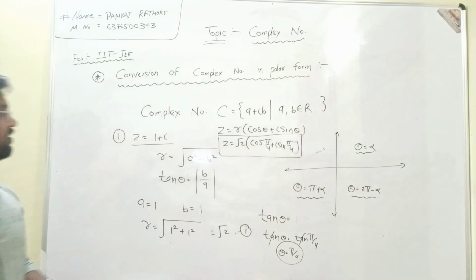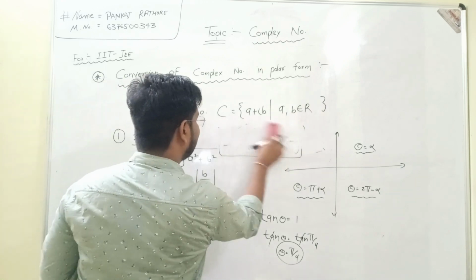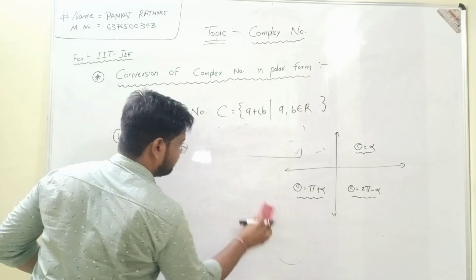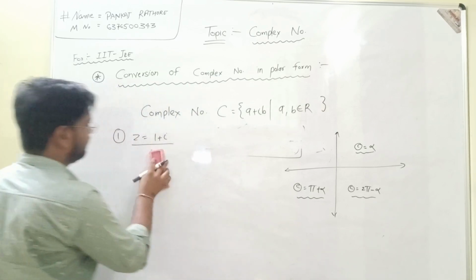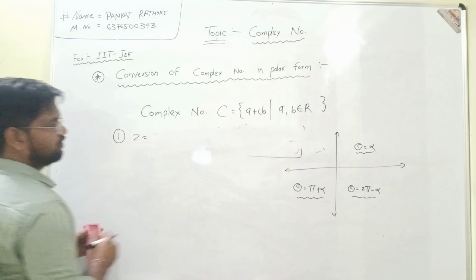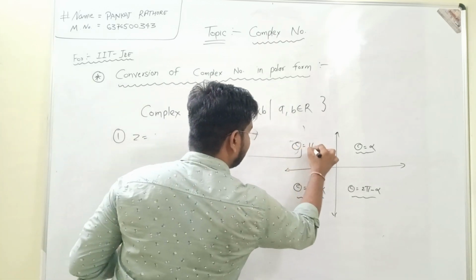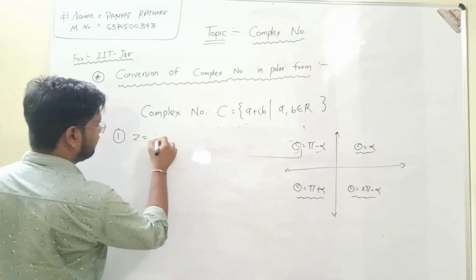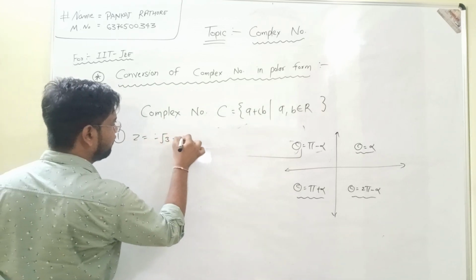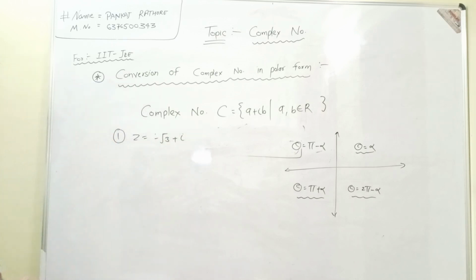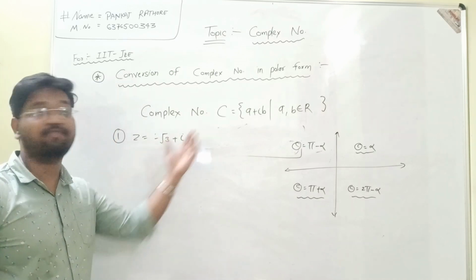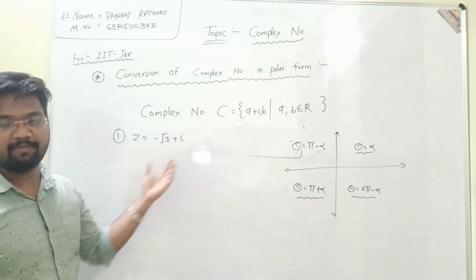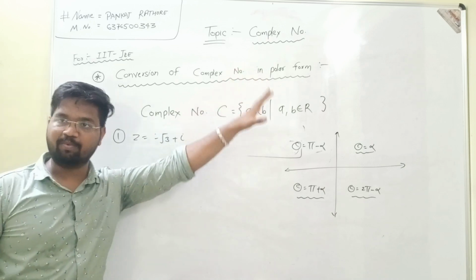If our given number is minus root 3 plus iota, now how can we change this number into a polar form? So firstly here we will find the r and theta and put the values of r and theta into the polar form.